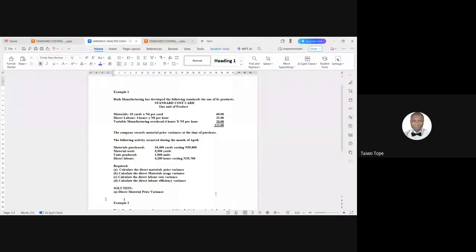Standard price minus actual price, times actual quantity. Is it just actual quantity produced? Purchased. Actual quantity purchased. Yes.